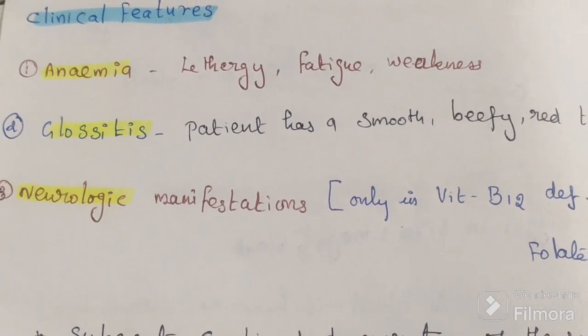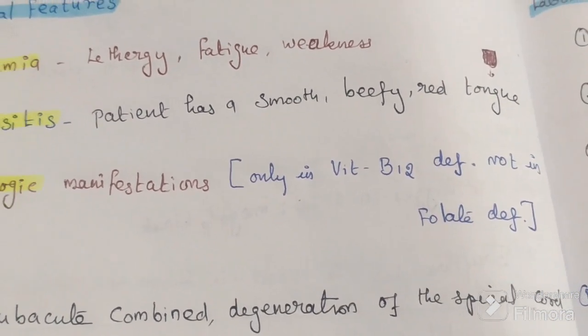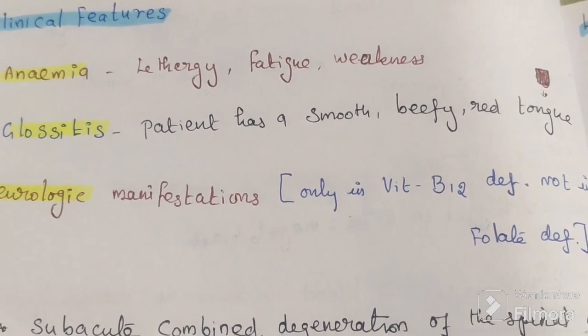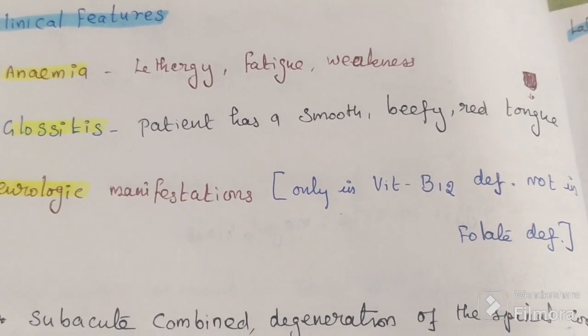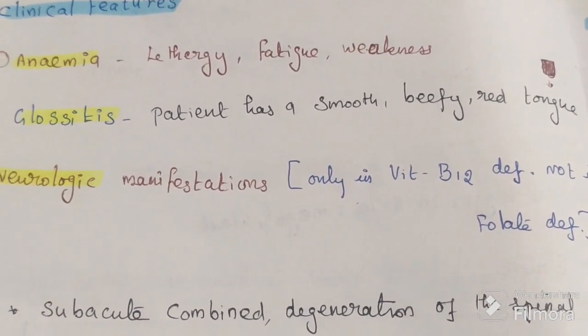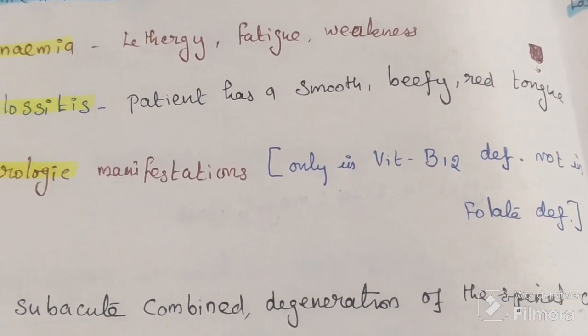Then, with vitamin B12 deficiency only, not folic acid deficiency, the person has neurological manifestations because of vitamin B12.